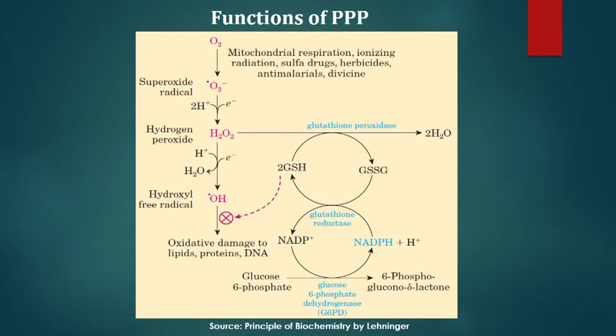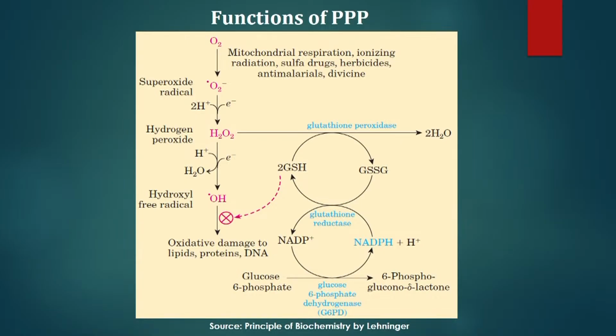There are various ways by which free radicals are produced. These free radicals are produced in the mitochondria, right? These free radicals are also produced when we take certain drugs, certain medicines, right?